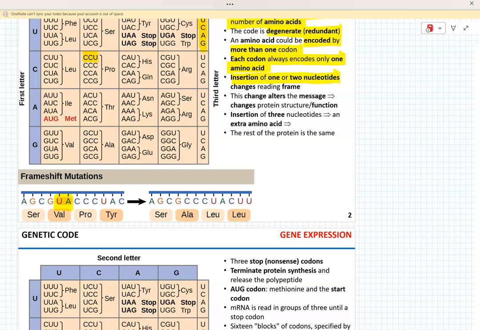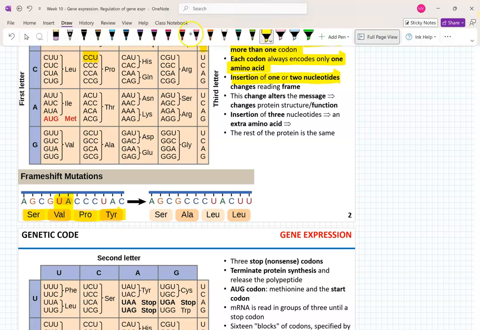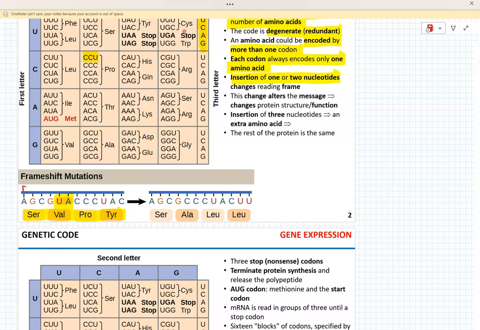Before the frameshift, this fragment of mRNA encoded the amino acids serine, valine, proline, and tyrosine. But when you remove U and A, then the entire reading frame, which can be seen here, these are codon triplets, changes.